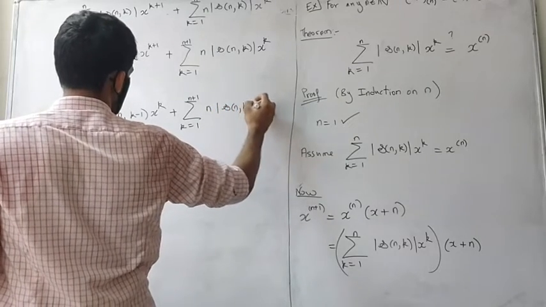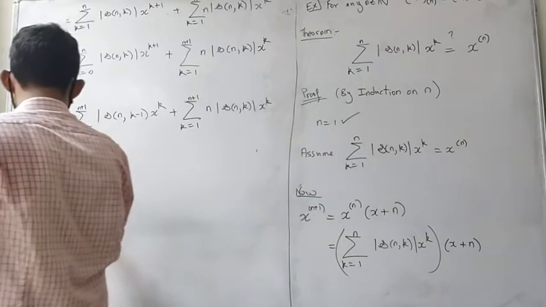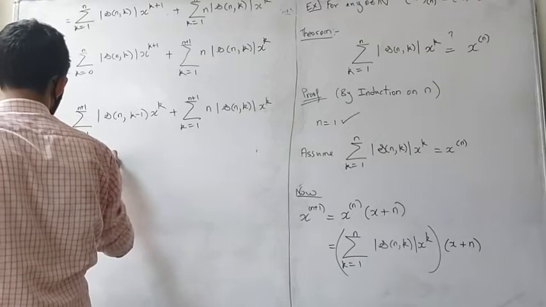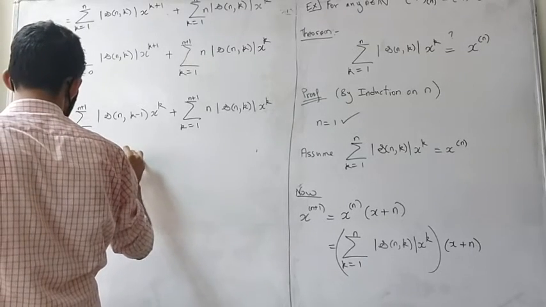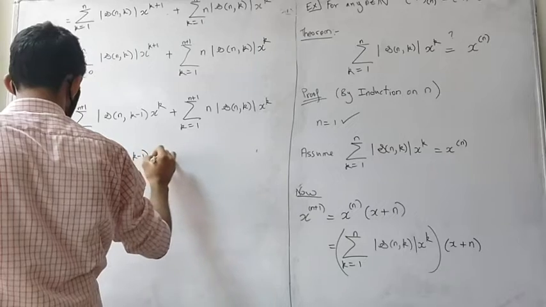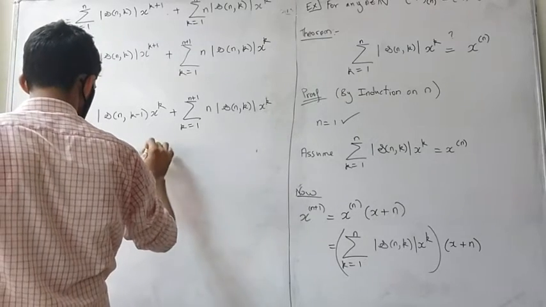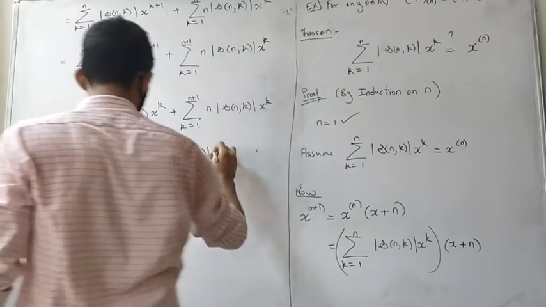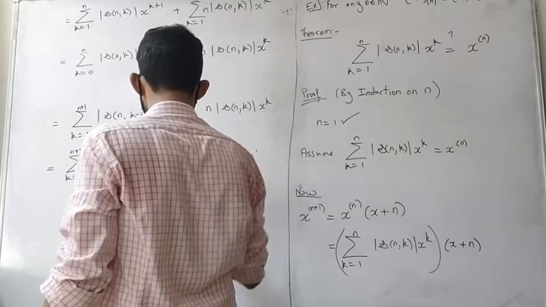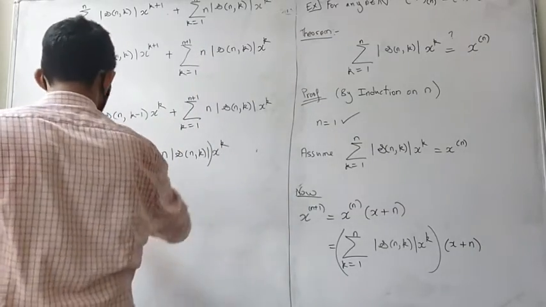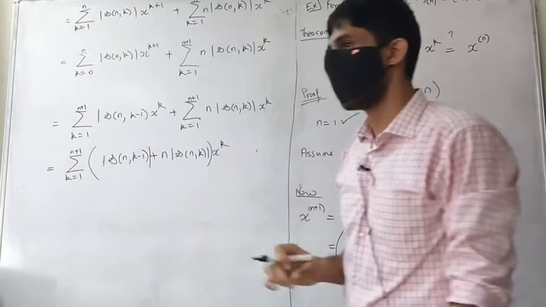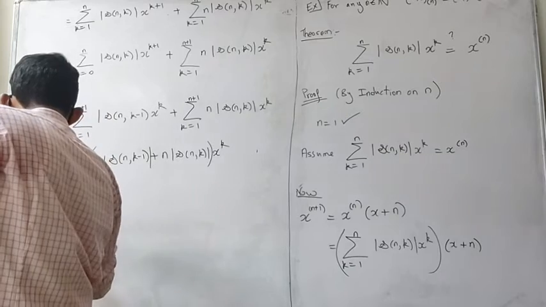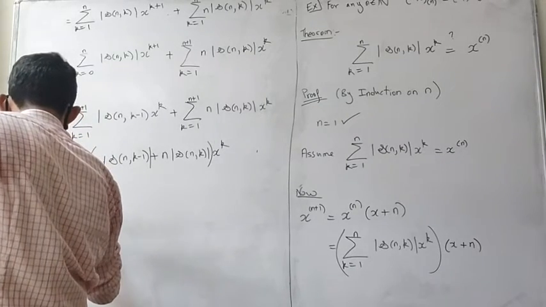If you remember, we had proved a recurrence relation for the unsigned first Stirling number, and the recurrence relation is just what is appearing here. Okay, this is nothing but S n plus 1 comma k.